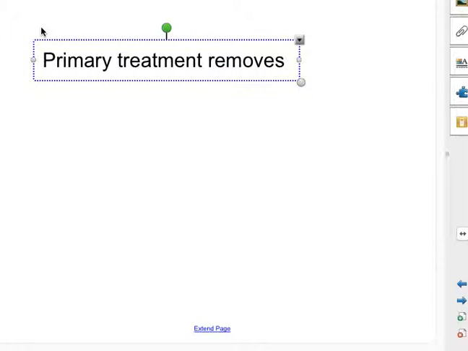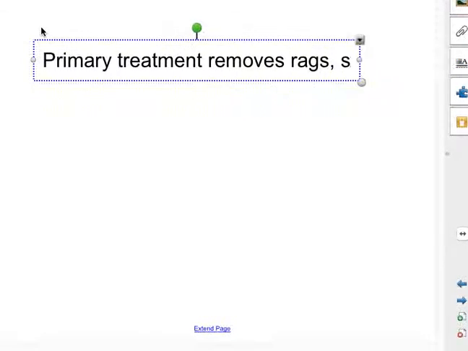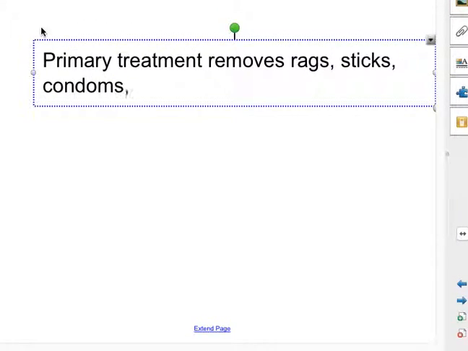so it's going to remove any large solid objects. That might be rags, sticks, condoms, tampons, anything that you would expect to be in a sewage treatment plant. And it's going to use a grit chamber to settle out those smaller pieces. And it's going to use a physical screen.